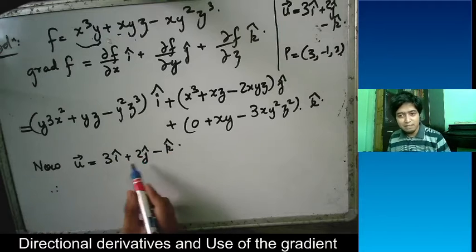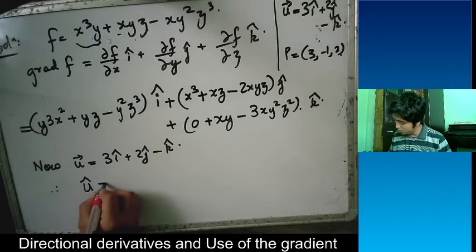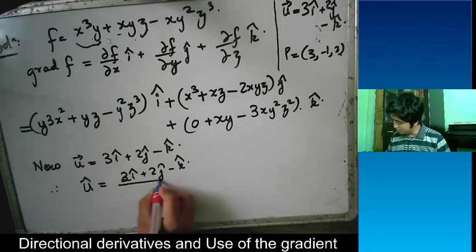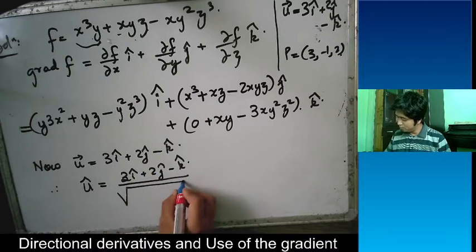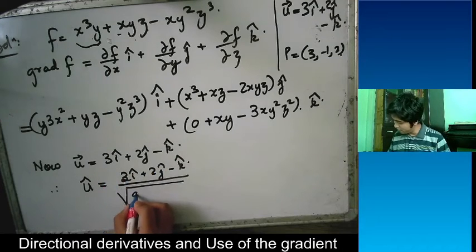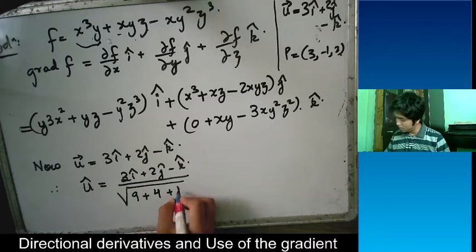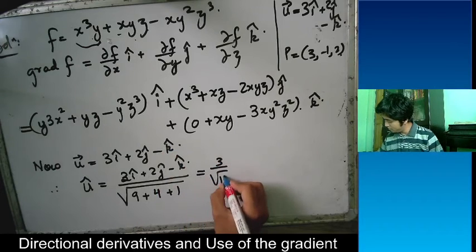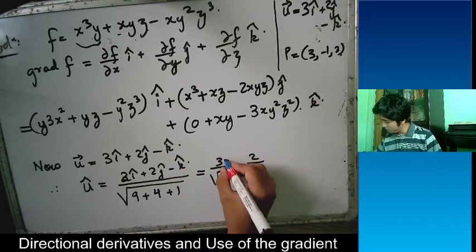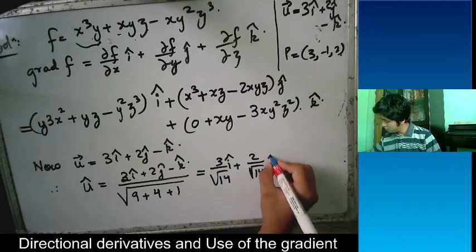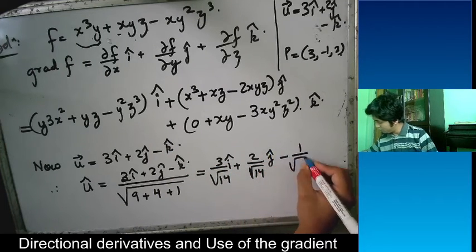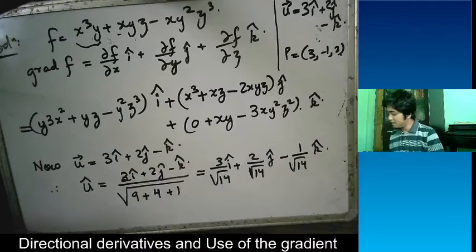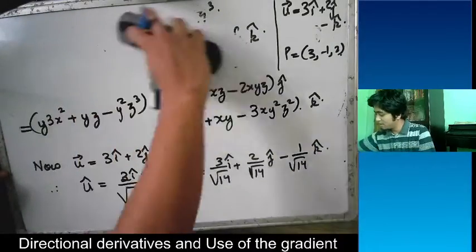So first we will need a unit vector, which will be 3i plus 2j minus k divided by the square root of 3 squared, which is 9, plus 4 plus 1, that is root 14. So 3 by root 14, plus 2 by root 14, minus 1 upon root 14. Okay, so this is what we are having. So now we just take the dot product, which is the required directional derivative.